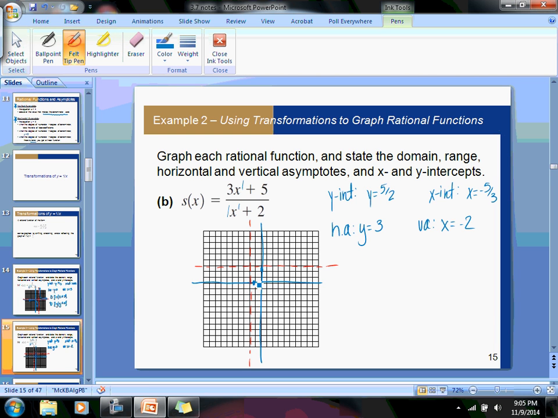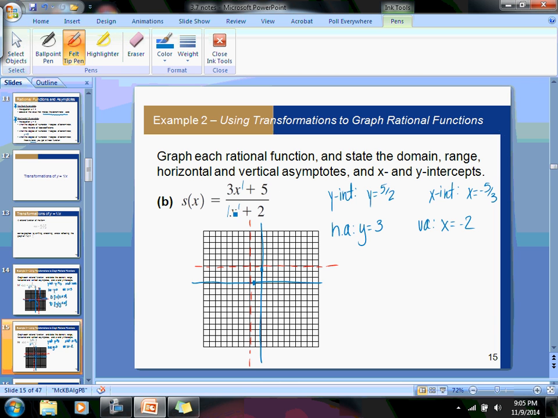So now when I'm picking my test points to see where the little swoops go, I can already see here by my intercepts that this graph is probably going to be down here in the 4th quadrant.